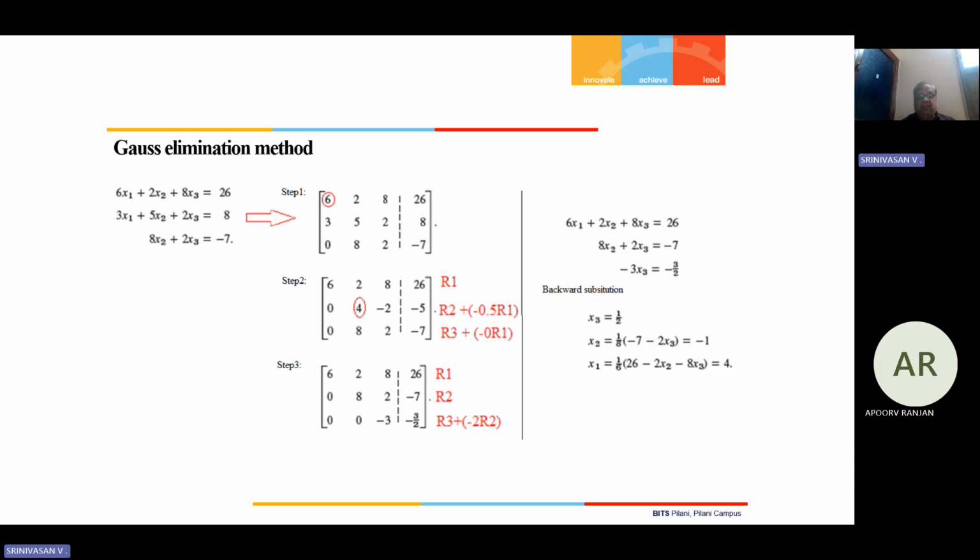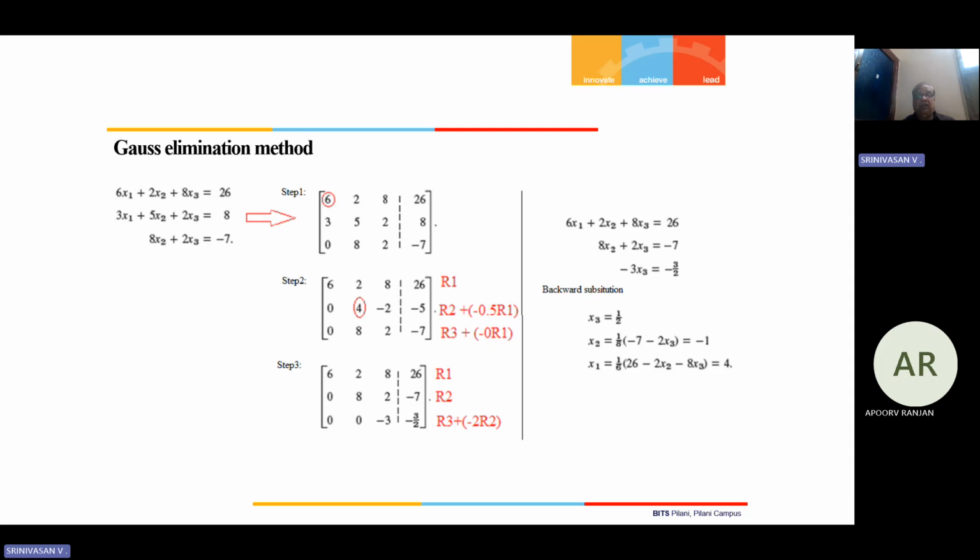So the new R3 is obtained from the existing R3, because this is already 0. So R3, 8 minus 2 into 4. You should only see how you are getting 0 between these two elements, which is to be generalized throughout the R3 in terms of R2. So 8 minus 2 into 4, which means whole of R3 minus 2 times R2.